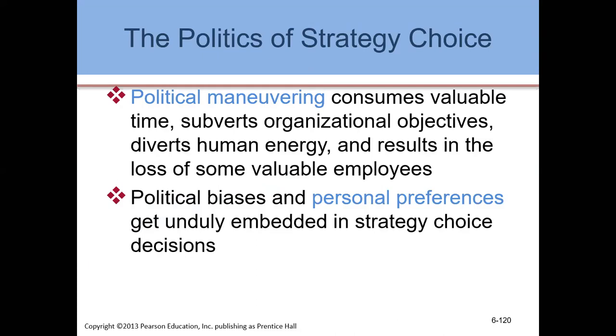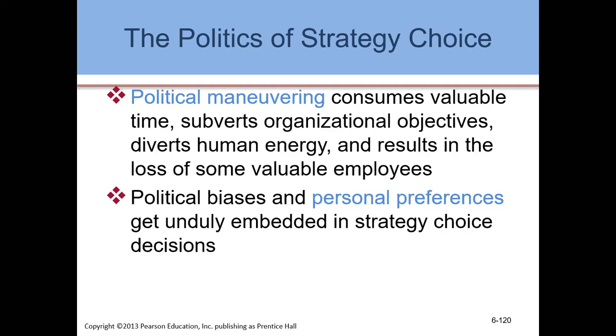Now, once the strategy is finalized, we also need to see what the political issues associated with strategic choice are. The topic we are going to talk about now is the politics of strategy choice.